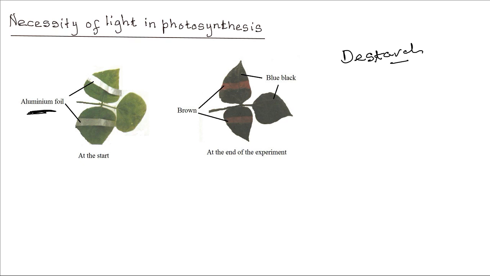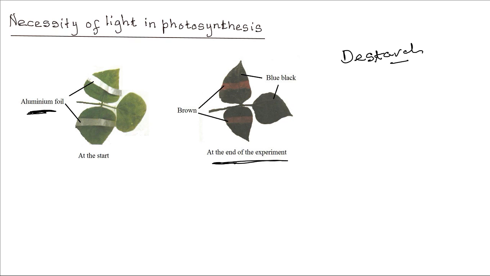So without light, no photosynthesis. In the next experiment, we want to investigate the necessity of chlorophyll in photosynthesis. This is achieved by the use of a variegated leaf. A variegated leaf is one that has some patches that lack chlorophyll, and therefore these patches have different colors, like it can be white, like in this particular case, or it can be yellow, cream, red.